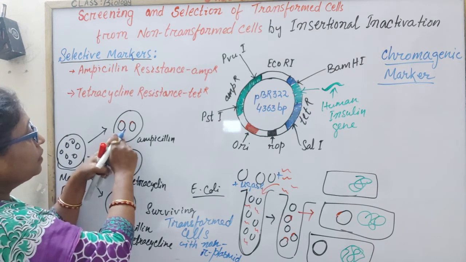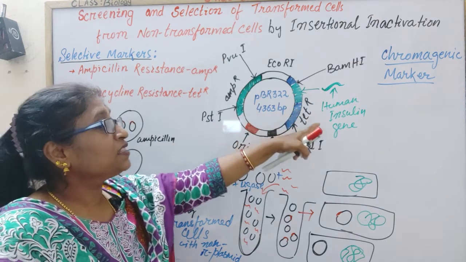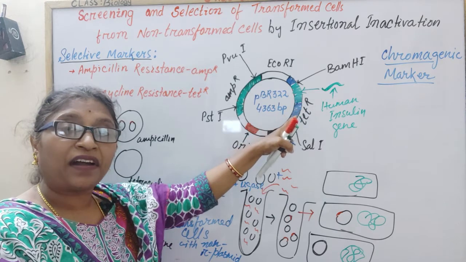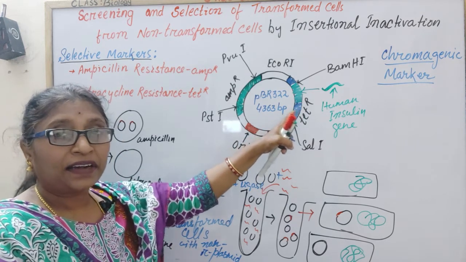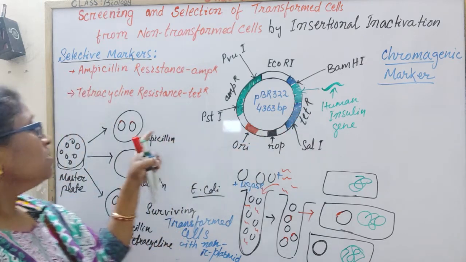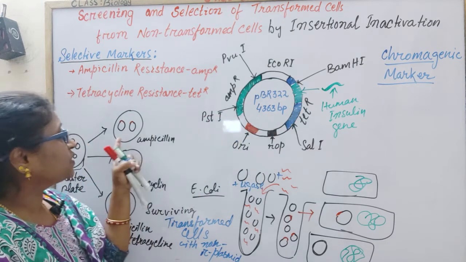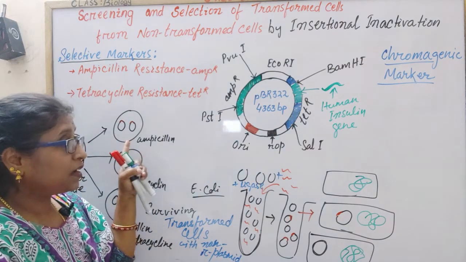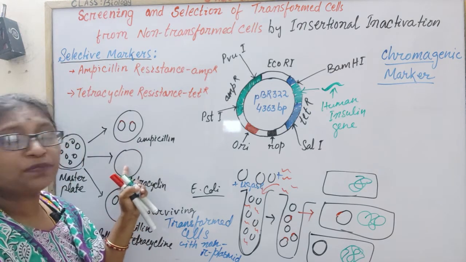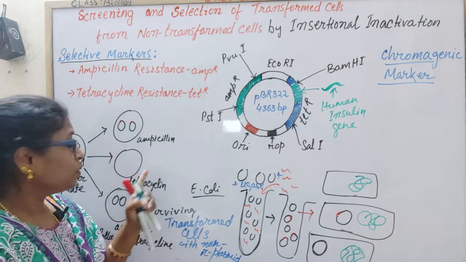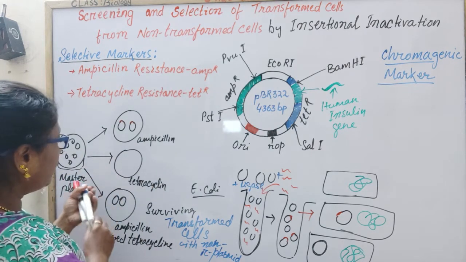In ampicillin, the recombinant, where the insertion is done within the tetracycline antibiotic marker, the tetra region, as the gene is inserted into the tetra region, they are resistant in ampicillin but sensitive to the tetracycline. So here they all die.